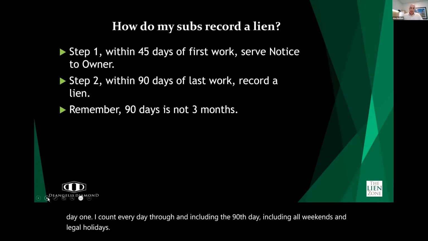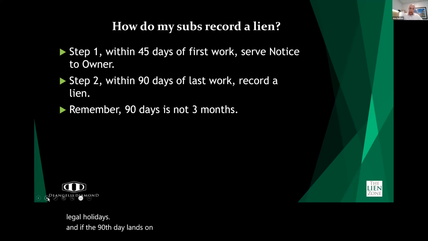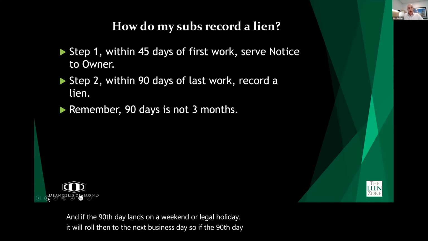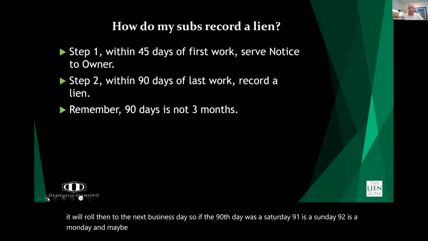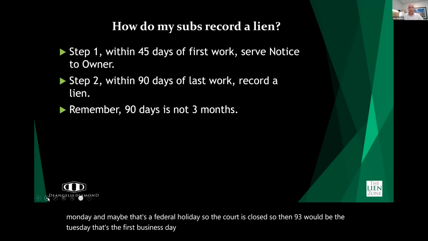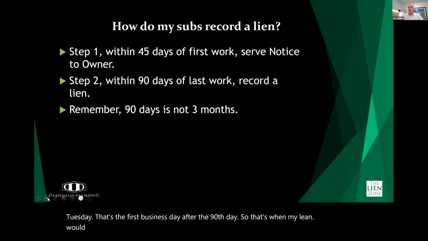And if the 90th day lands on a weekend or legal holiday, it will roll to the next business day. So if the 90th day was a Saturday, 91 is a Sunday, 92 is a Monday, and maybe that's a federal holiday, so the court is closed. So then 93 would be the Tuesday. That's the first business day after the 90th day. So that's when my lien would be due.